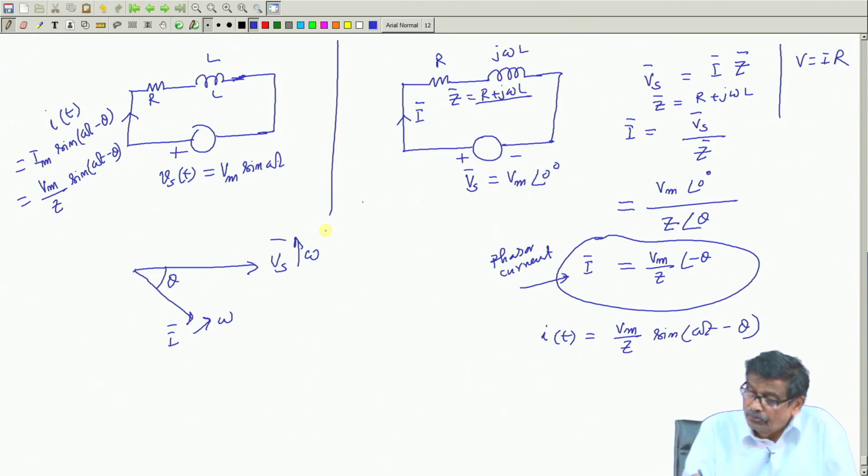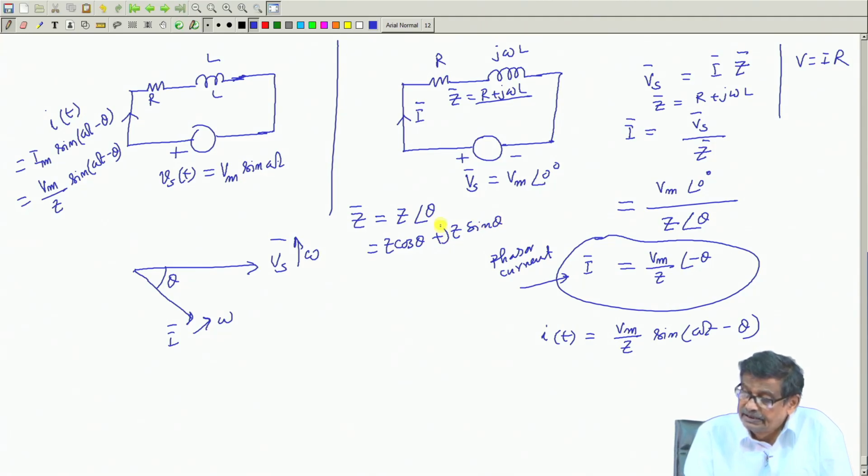And so, Z bar, I will always be using a bar over it, its magnitude is Z and angle is theta. And we have shown in my last slide, this is nothing but Z cos theta plus j Z sin theta, where Z cos theta is R, plus j X, where X is omega L. Omega L is often called the reactance of the circuit and written as XL, inductive reactance.